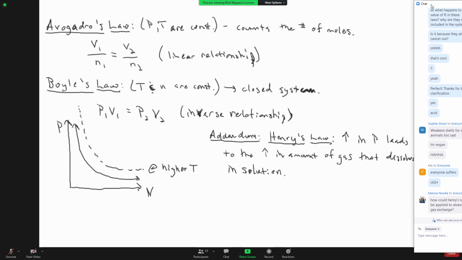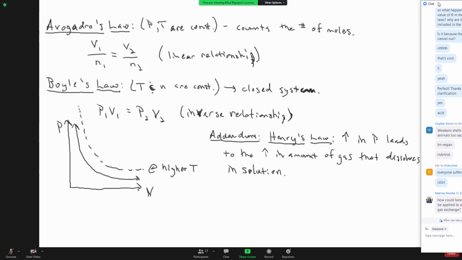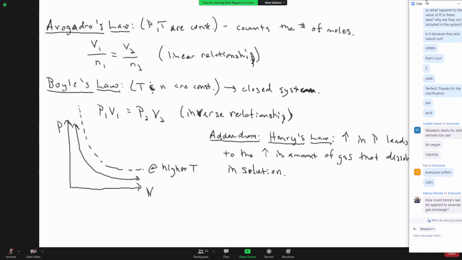But yeah, what happens to the gases? This is happening in the alveolar exchange. As you dive deeper into the ocean, what happens? The nitrogen and oxygen get dissolved into your bloodstream, right? Those gases that we have are getting compressed as the pressure increases on the outside of you.